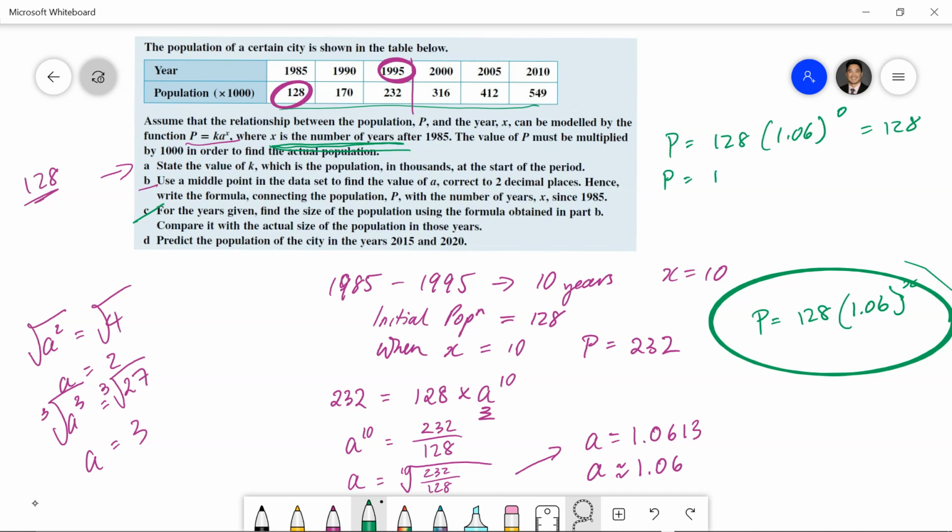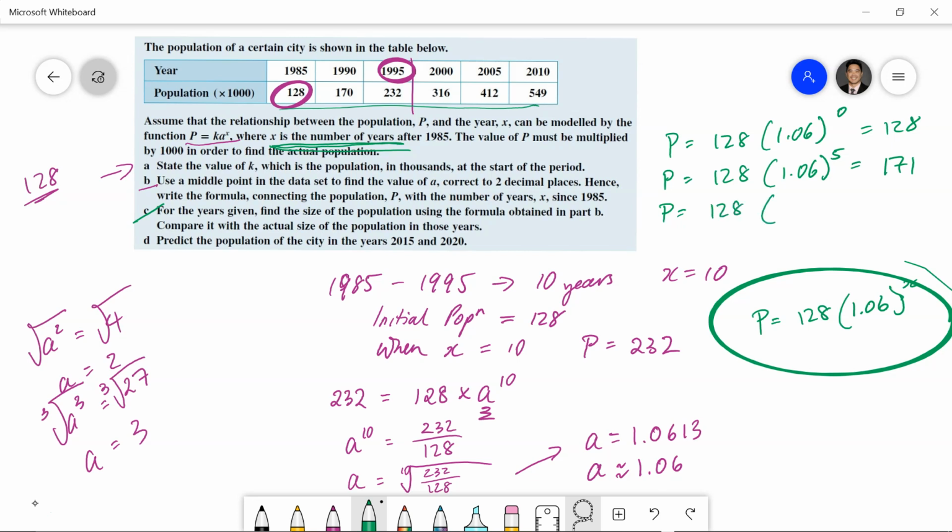If we then put in 5 years, because that's going to be 1990, through this formula in the calculator we end up getting 171. It's slightly off, but very close to what was initially indicated.